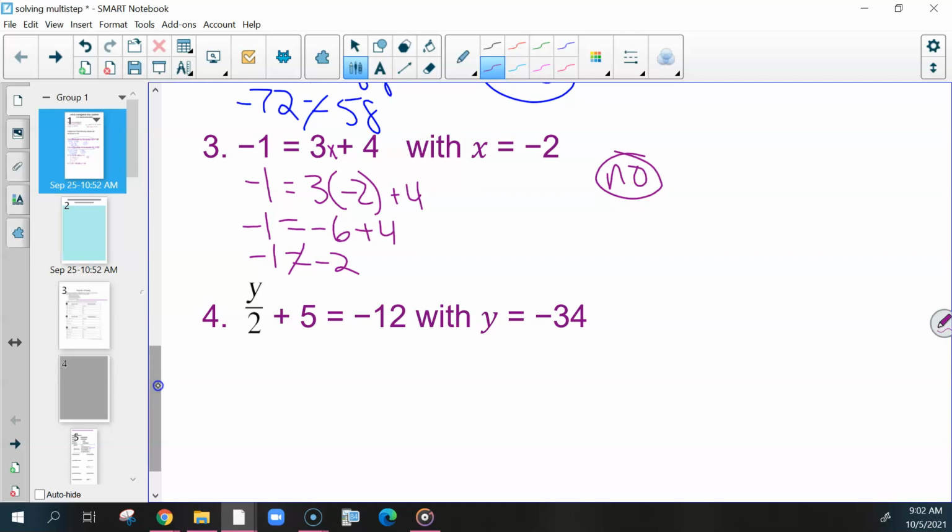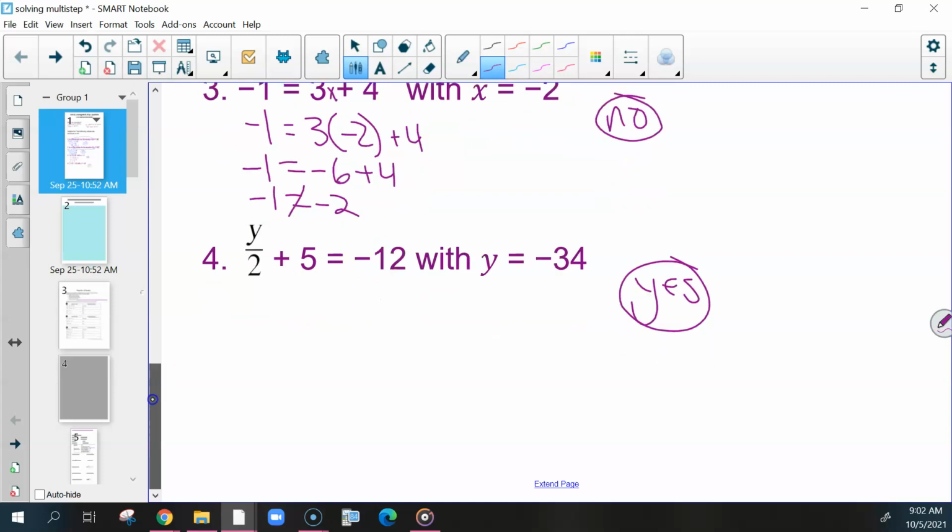Okay. And then was this a solution or was this not a solution? It was. Anyone need to see this one? So for this one, put in negative 34. Negative 34 divided by 2 is negative 17.